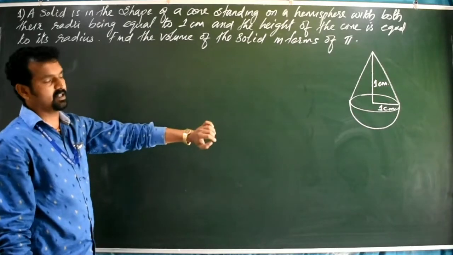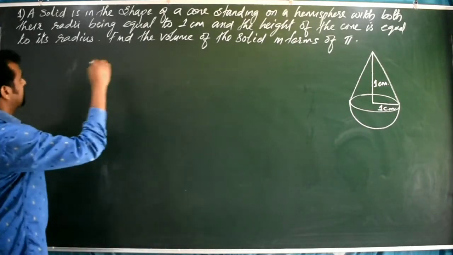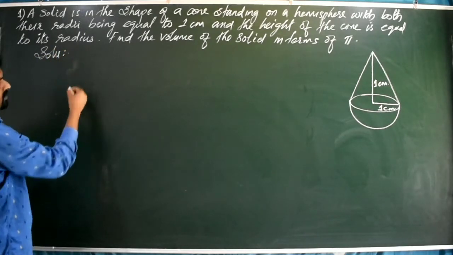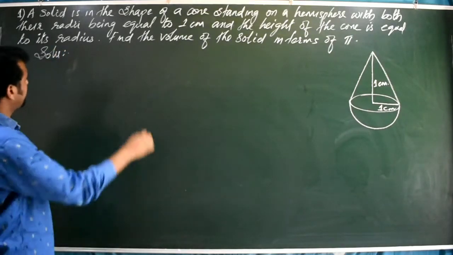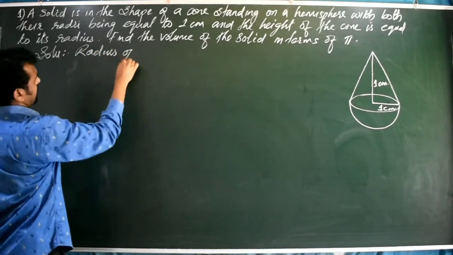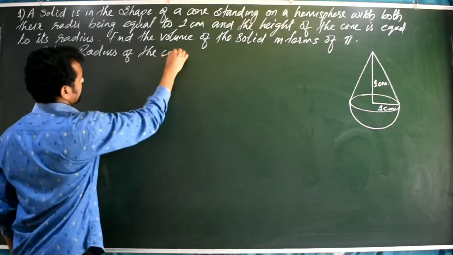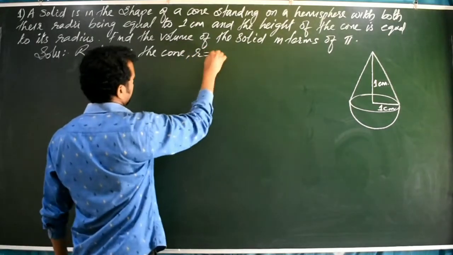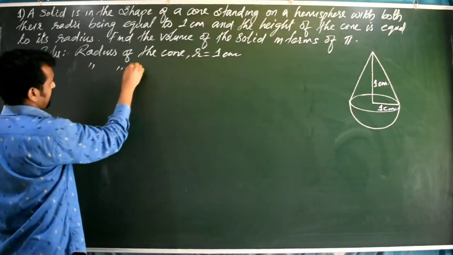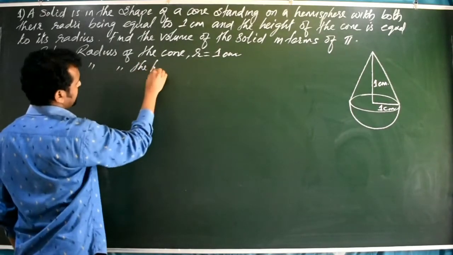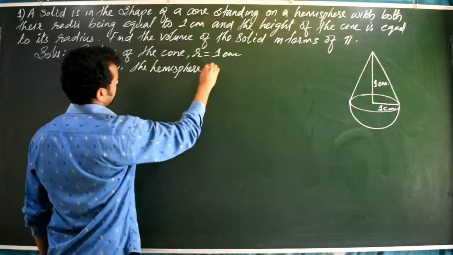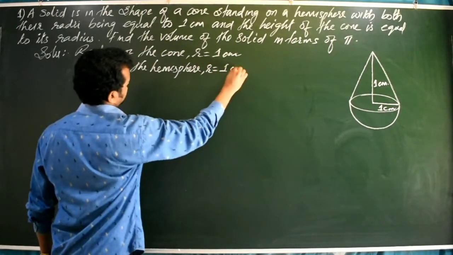That is the question. So first we have to write the given values here. What values are given? Radius of the cone, we can write r is equal to 1 centimeter. Radius of the hemisphere, we can also write as r; both are the same, 1 centimeter.